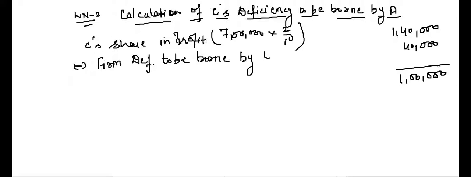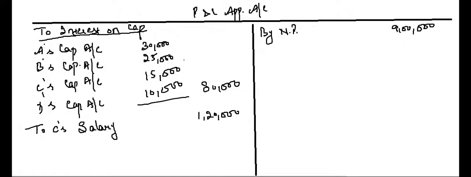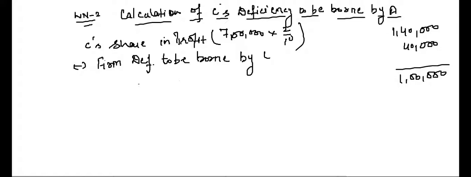Right? Now his guarantee is including interest on capital and salary. It is given in the question. C's share of profits including interest on capital and salary. That means we have to include interest on capital and the salary in this. Add back interest on capital.